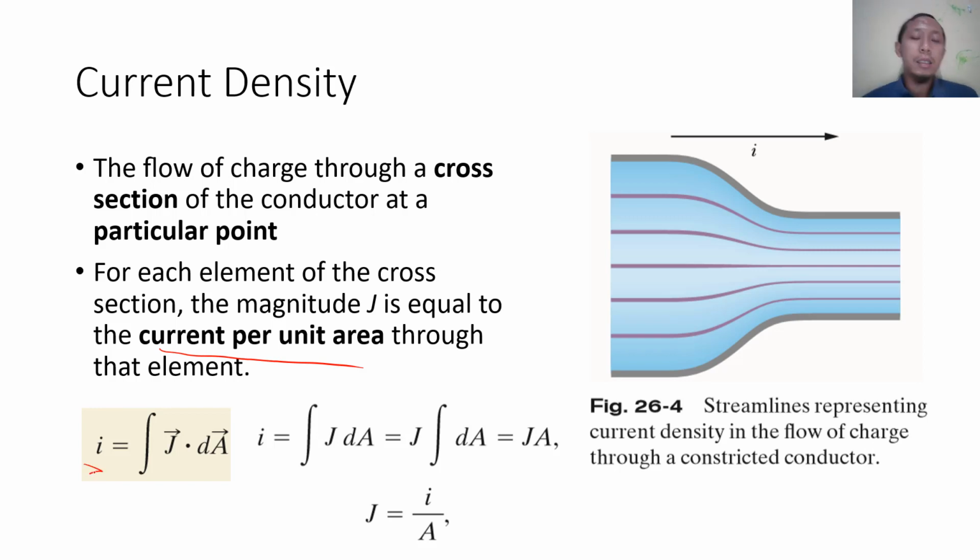So the current I is the integral of J dot dA, where J is the current density and dA is the cross-section area. If J is constant, we can move J in front of the integral: J integral dA equals JA. So J is equal to I per A, where I is the current and A is the cross section of the conductor. It's simply like that if we want to know the current density of the material.